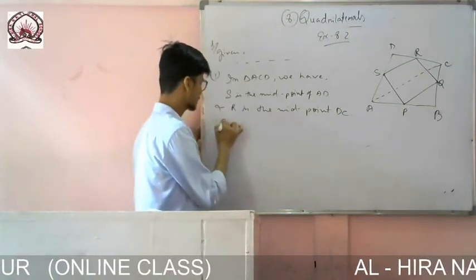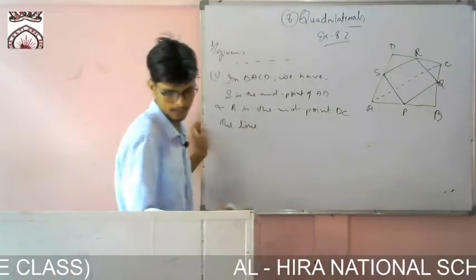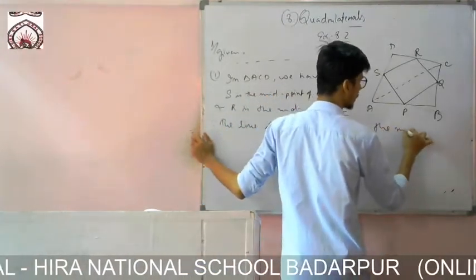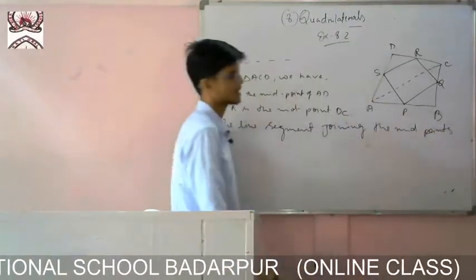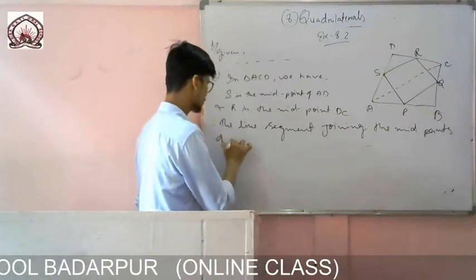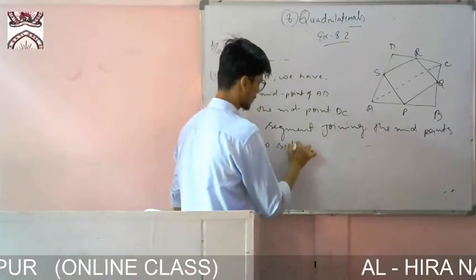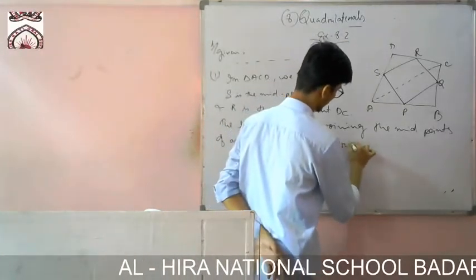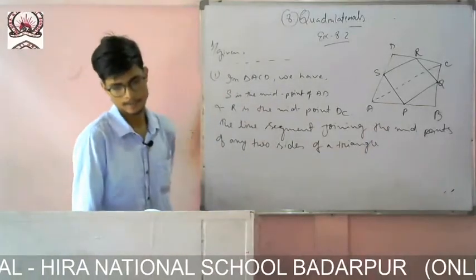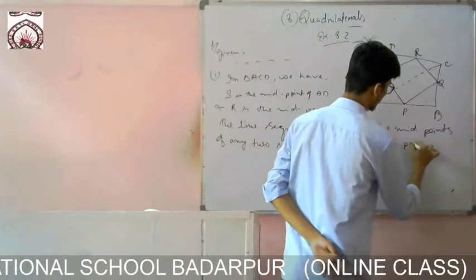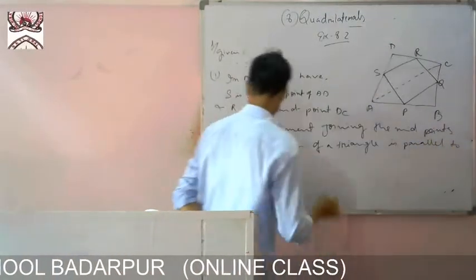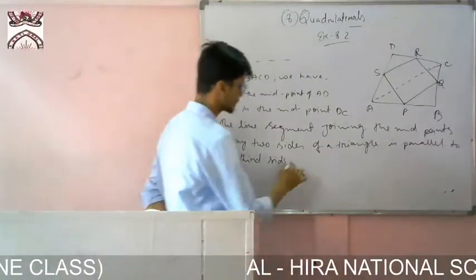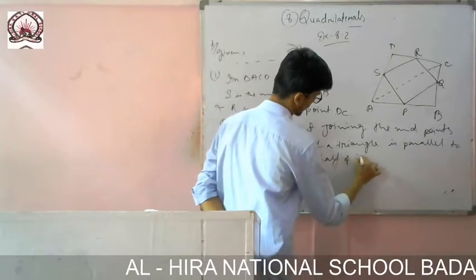So you write like this: since the line segment joining the midpoints of any two sides of a triangle is parallel to the third side and half of it. I am writing this time.